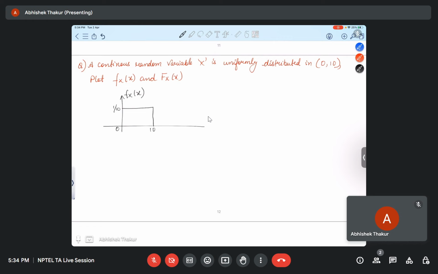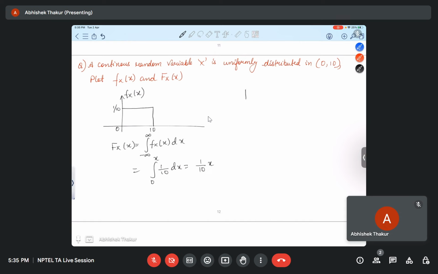Okay. Now our probability distribution function is the integration of the probability density function. So this is equal to integral from 0 to x of 1 by 10 dx. So this will be 1 by 10 into x, so this is x by 10.